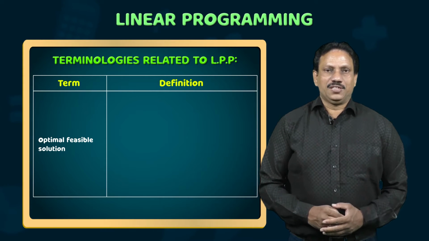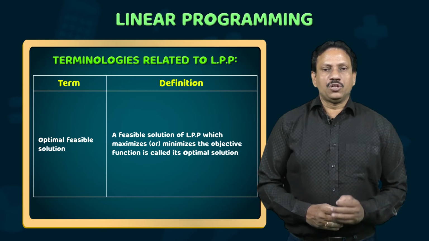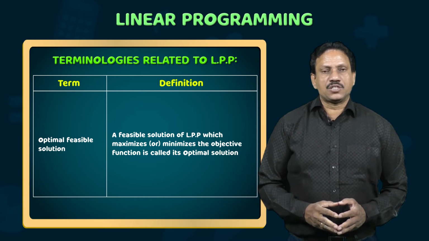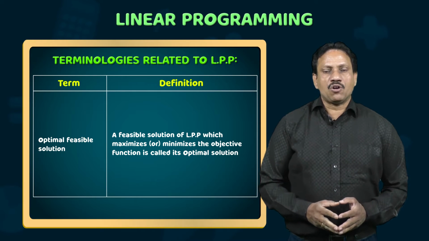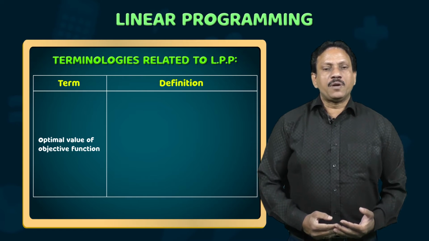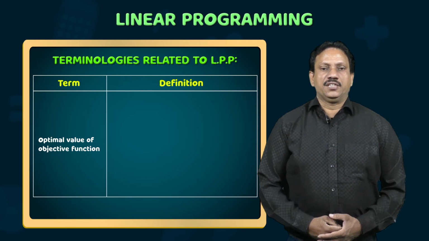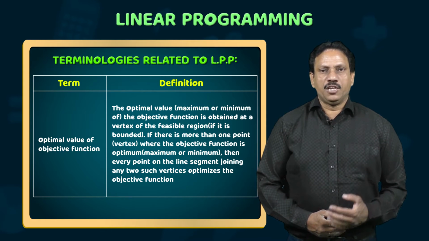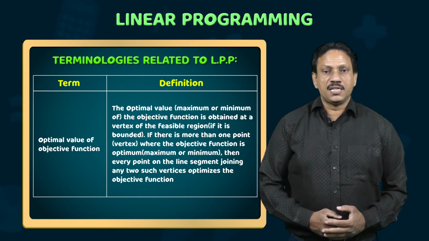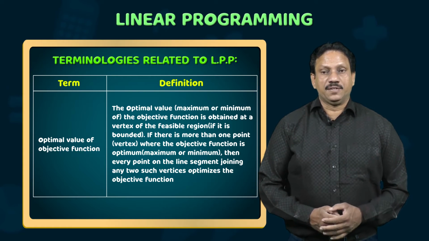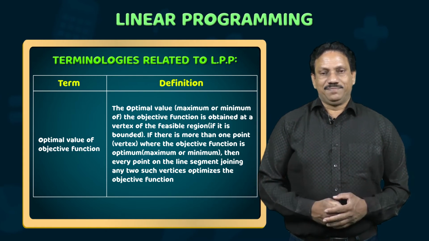Optimal feasible solution: a feasible solution of LPP which maximizes or minimizes the objective function is called its optimal solution. Optimal value of objective function: the optimal value, maximum or minimum, of the objective function is obtained at a vertex of the feasible region if it is bounded.